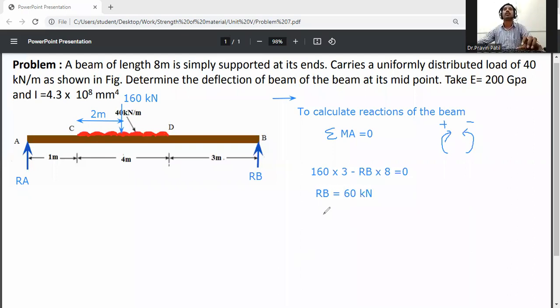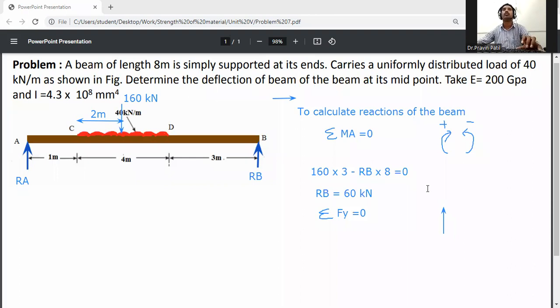So RB is 60 kilonewton. Now apply the second equilibrium equation, summation Fy is equal to 0, the algebraic sum of all the vertical forces is equal to 0. If the force goes in the upward direction, we take it positive.